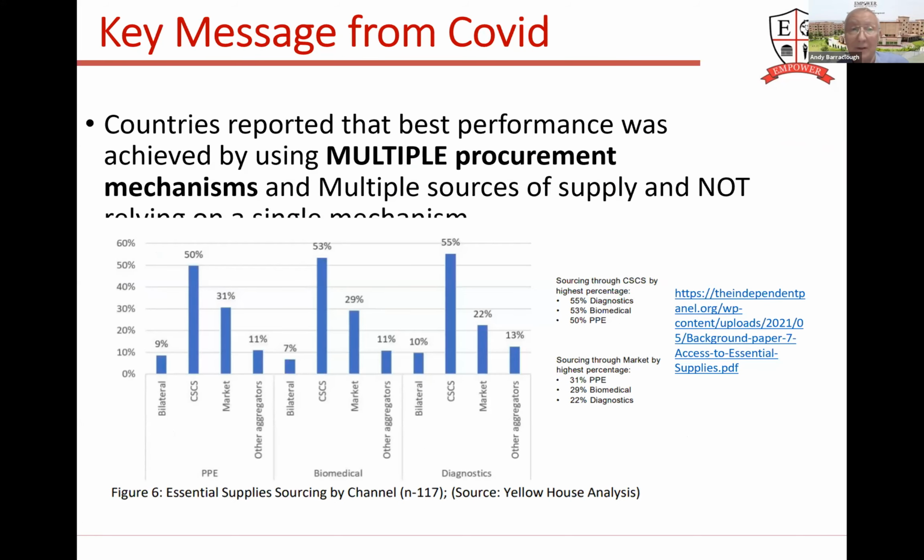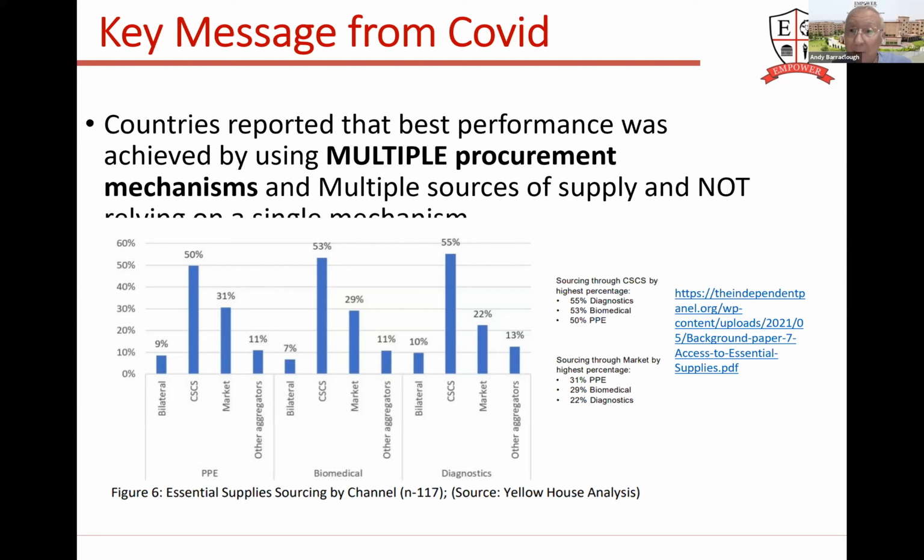One of the other lessons from COVID is that those countries who performed best on COVID used multiple procurement mechanisms. They didn't use all self-procurement. They didn't use all global mechanisms, that's the COVAX facility, the UN procurement system.